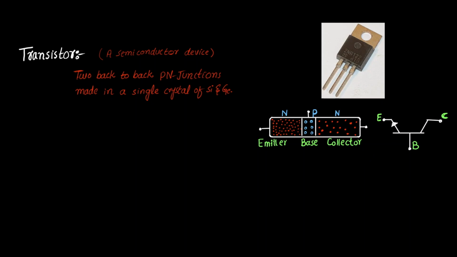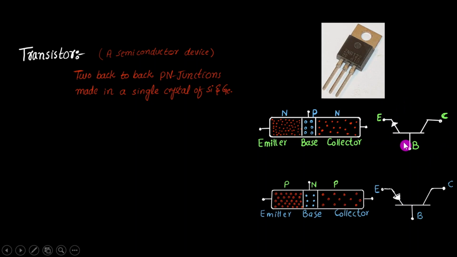Just like that, we have the P-type material here, and the electric field lines are just like that. This arrow originates from there and terminates here in the emitter. Okay, such a symbol represents that in the circuit we have the NPN transistor.